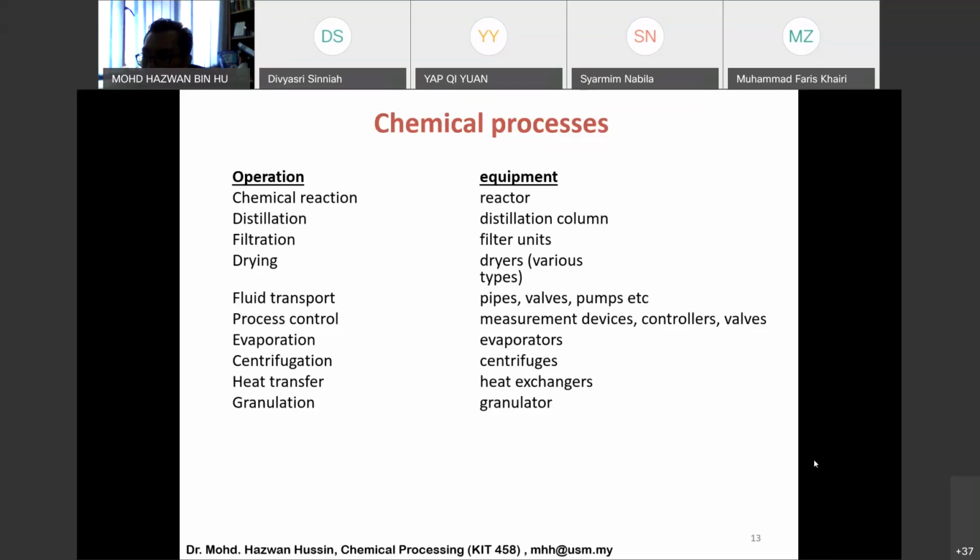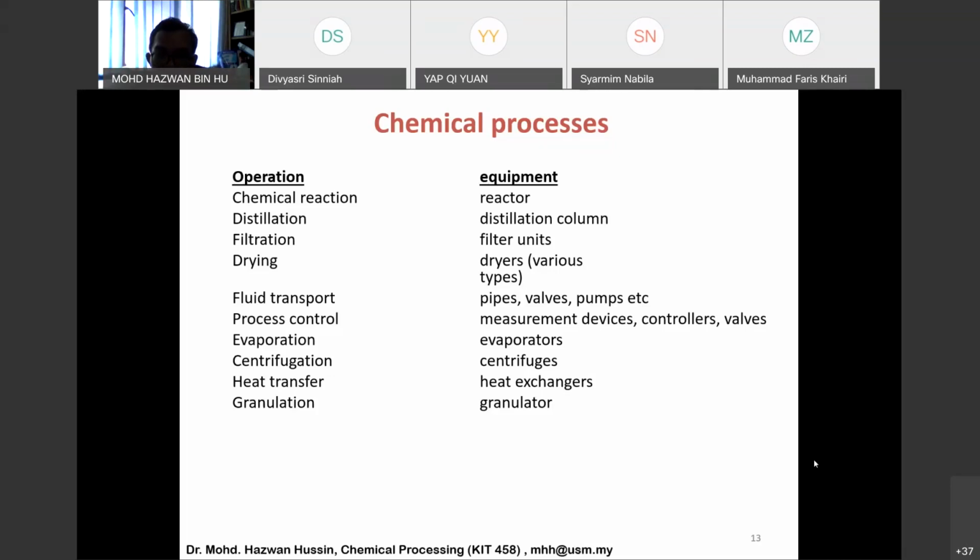In chemical engineering, they have one subject on process control. They will learn how to use a PC or software to control the chemical process. They have a simulation, one PC connected to a reactor. You just play around with the computer, you set the pump, you set the flow rate, and it will be done automatically. So probably this is what we are lacking in our school.